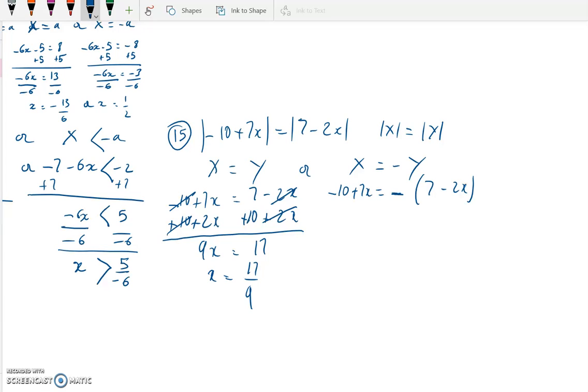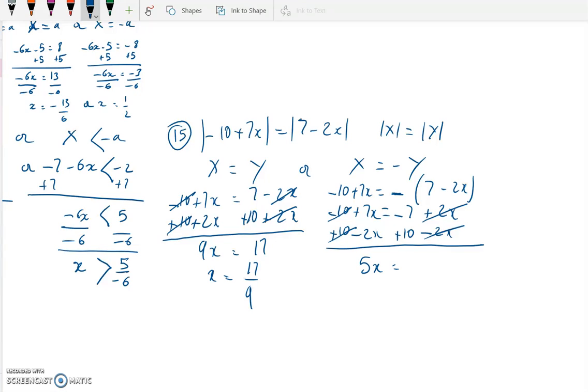If I look at the other one, I'm going to first of all get rid of the parentheses by flipping my symbol, equal negative 7 plus 2x. And obviously I'm going to subtract 2x both sides and add 10 both sides. What is happening? No more x on the right side, no more non-variable on the left side. 5x equal negative 7 plus 10, so 3, so x equal 3 over 5.